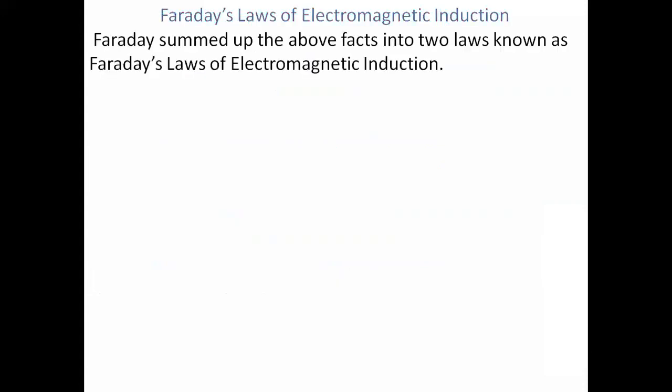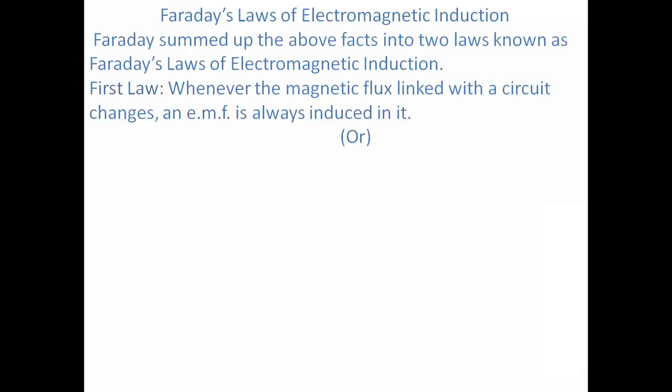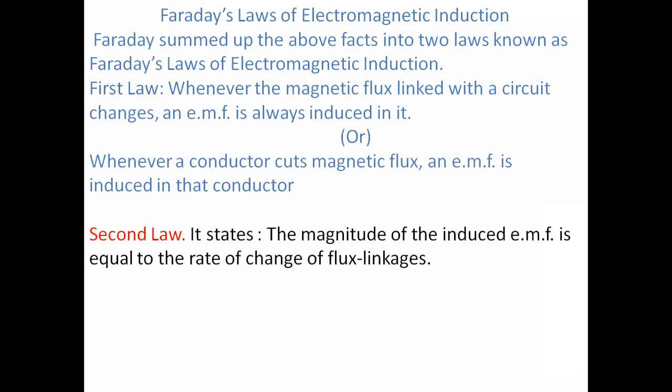And Faraday's second law, here again I will explain. The second law states that the magnitude of the induced EMF is equal to the rate of change of flux linkages. So how much voltage will it produce? We are saying that whenever a conductor cuts the magnetic flux, it produces EMF.